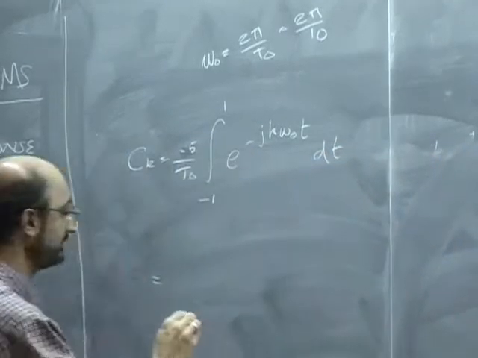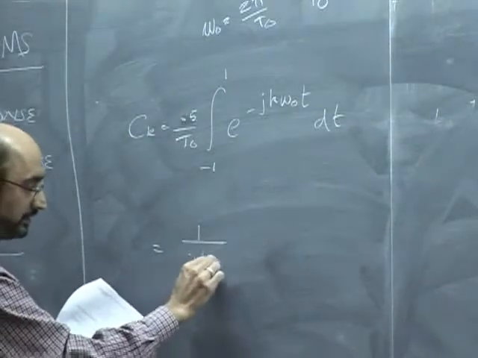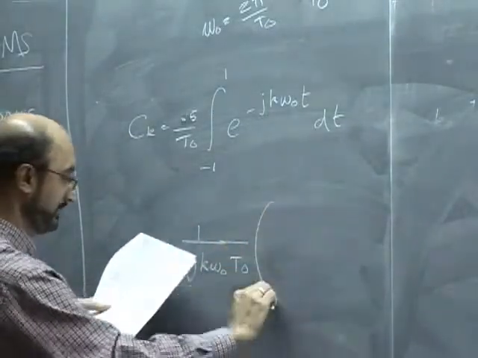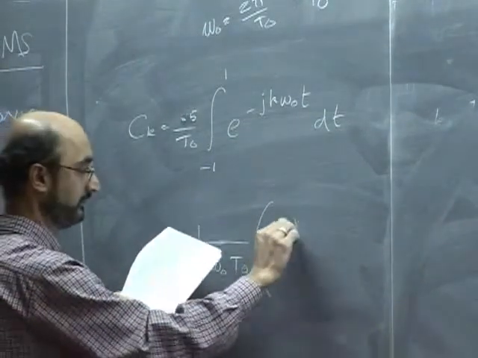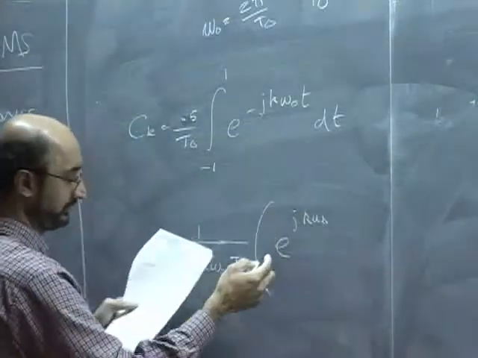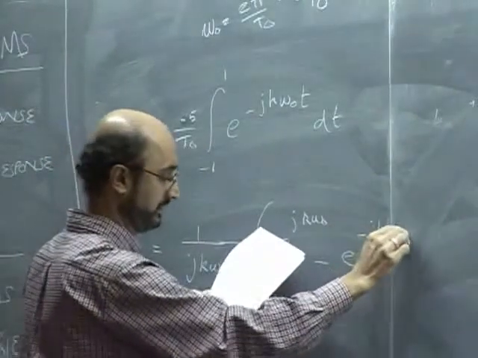Actually, the answer, I'll just write it down for you, is basically 1 over j k omega naught t naught, which is 10. It's going to be times e to the j k omega naught minus e to the minus j k omega naught.